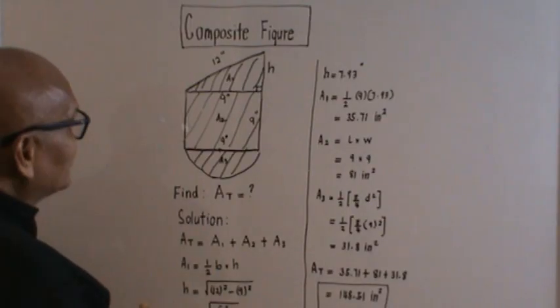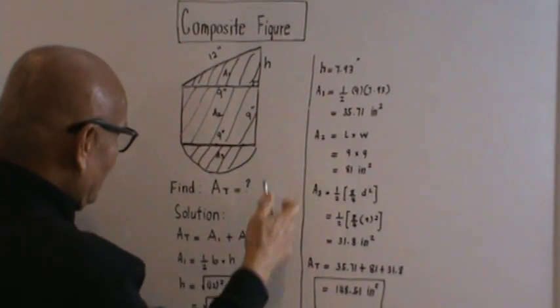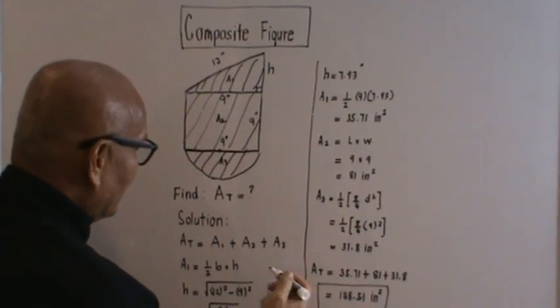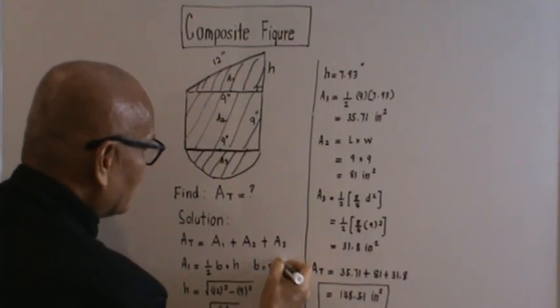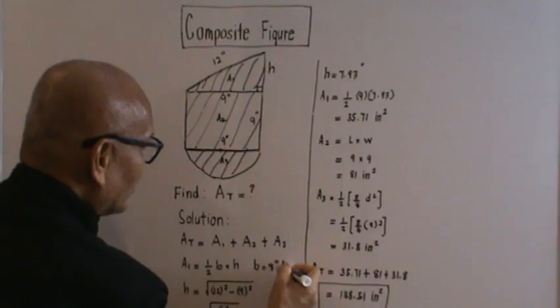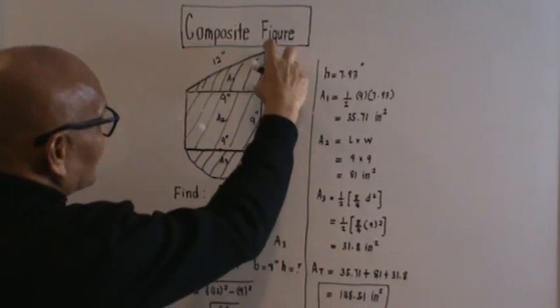The base of the right triangle is this one here, 9 inches. And how about the height? The height is this one here.